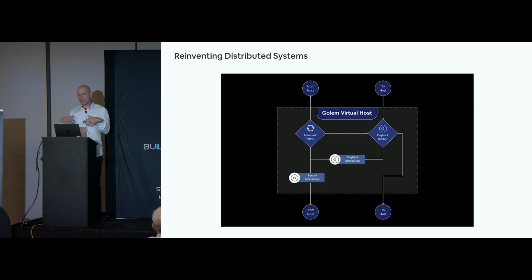Then there might be some automatic retries, and eventually that goes back to the application. So this is the Golem virtual host, which sits on top of the real host, but from the perspective of your WASM application, this is just the operating system you're talking to. You're telling the operating system to do all these network calls and stuff. You don't know any different.